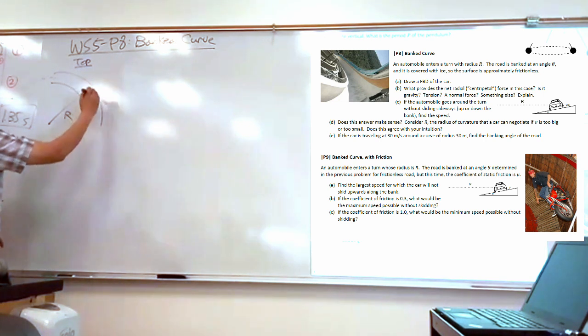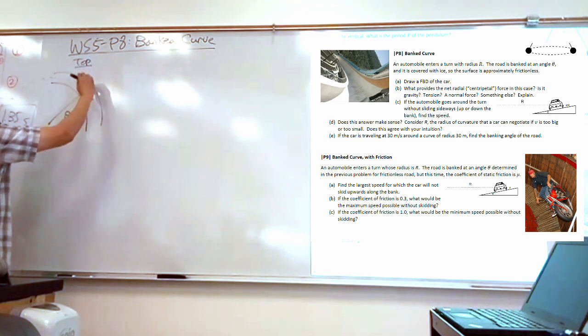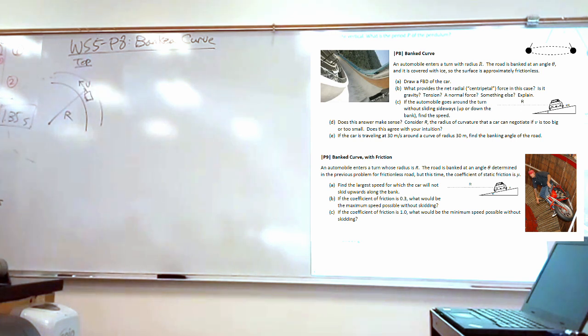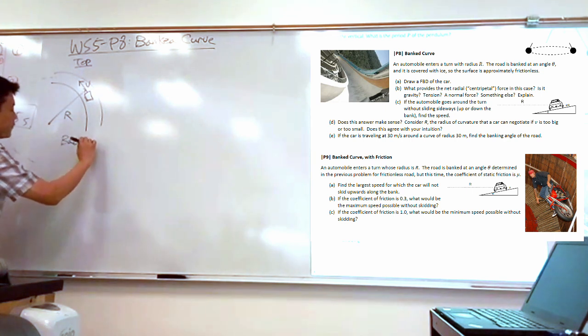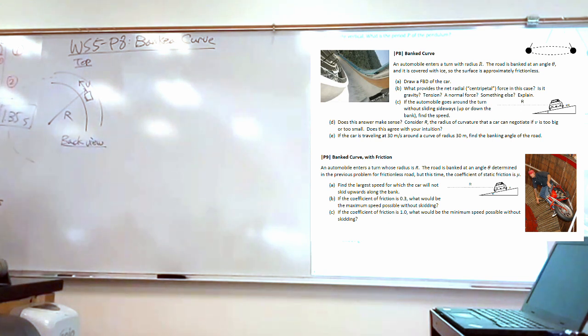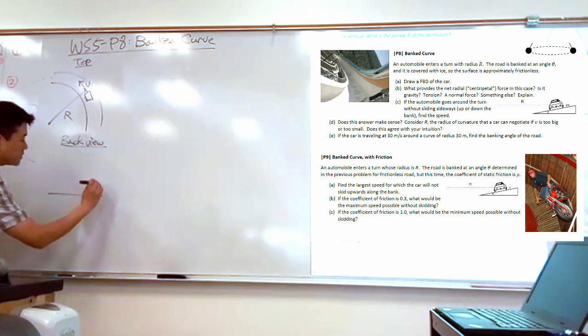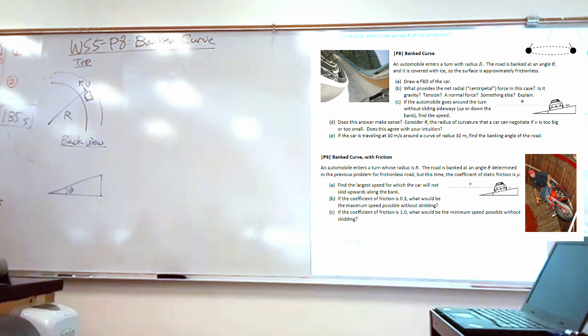From the top, let's say this is the car that's going on that road, moving at some velocity v. And imagine looking at this car from behind. If you are looking at it from behind, the back view, then what you should see is that the road will be banked, angled. So this is the cross section of the road, banked at some angle theta.